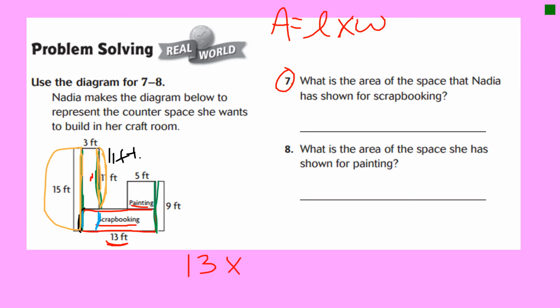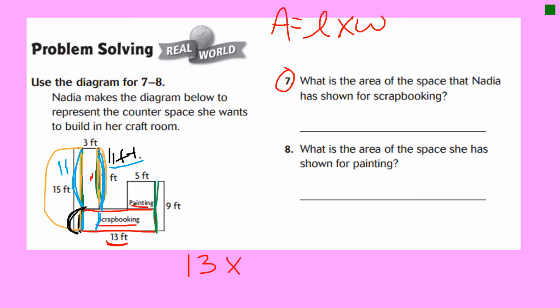this distance, right? So we know that from here to here, it's 11 because it's right here next to that one that's labeled 11 feet. So if this is 11 from here to here, how much is it from here to here?